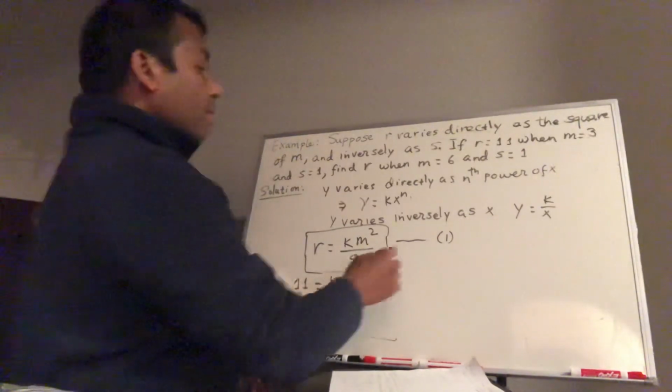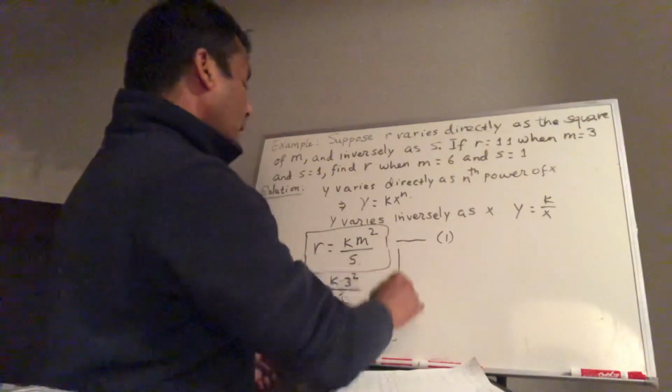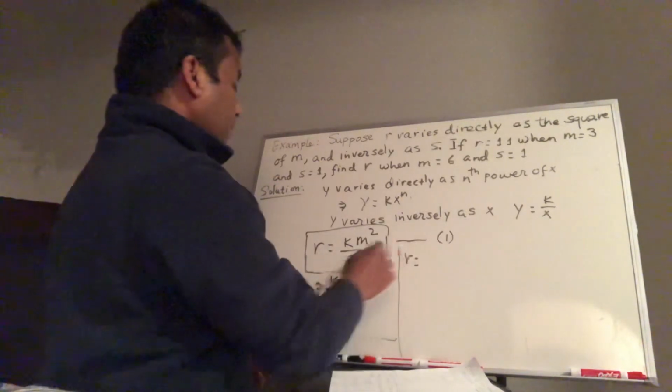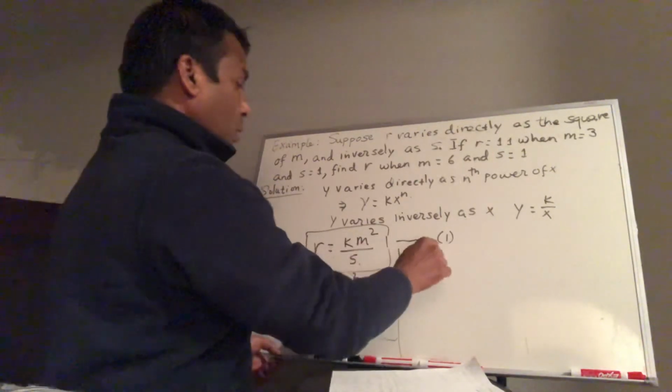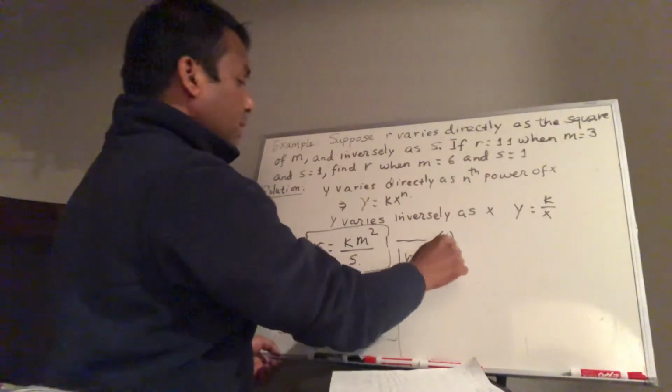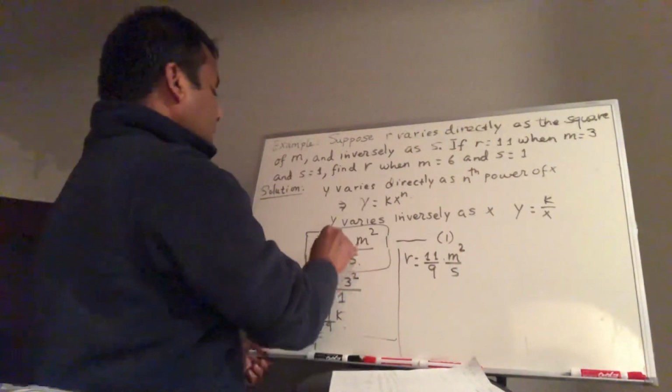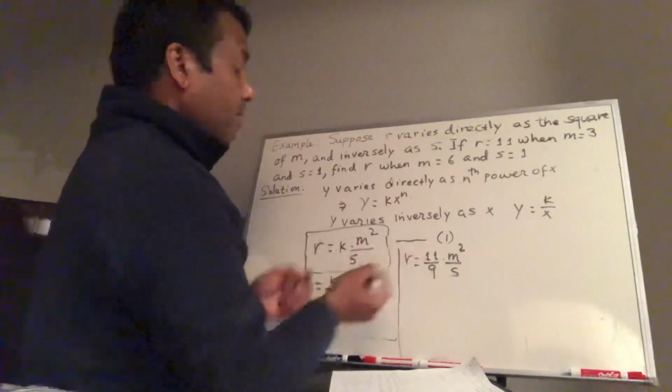So you plug in back the value of k in this equation. So you'll have R equals 11 over 9 times M square over S. You can write this as k times M square over S, the same thing.